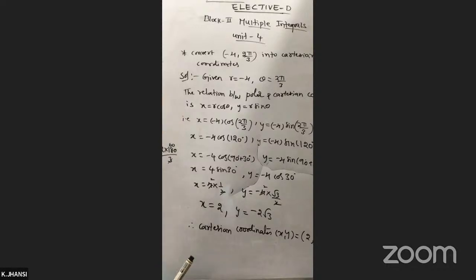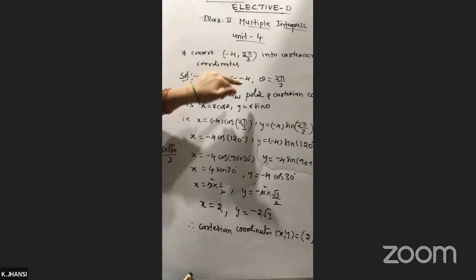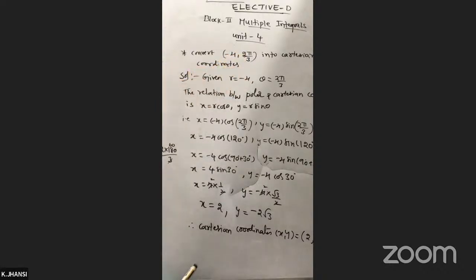If in the question polar coordinates are given, we find Cartesian coordinates. If in the problem Cartesian coordinates are given, that is x and y values are given, then we need to find r and theta. So such types of problems will also be there. One more problem is there: convert y square equals 4x into polar form.